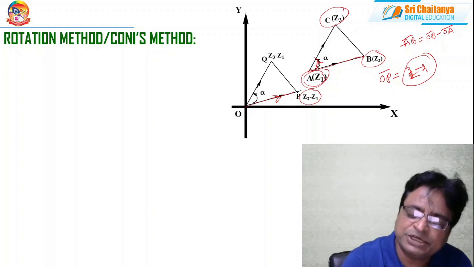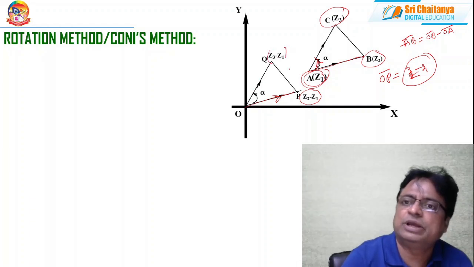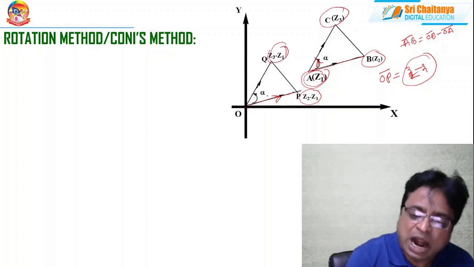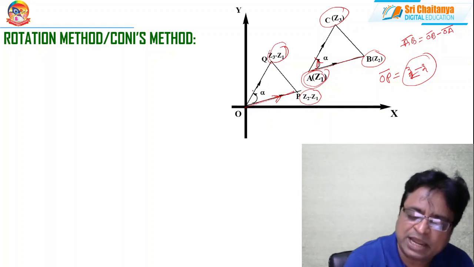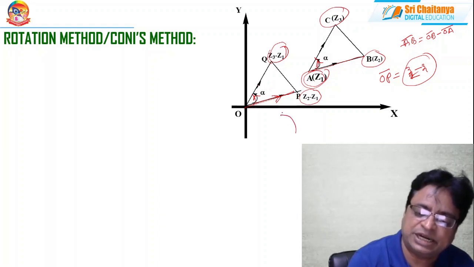Similarly, the position vector of vector AC is nothing but OQ bar. AC bar is what? OC minus OA, that is Z3 minus Z1. And if I have rotated the vector OP through an angle alpha in the anti-clockwise direction, see the direction here, I have mentioned like this.